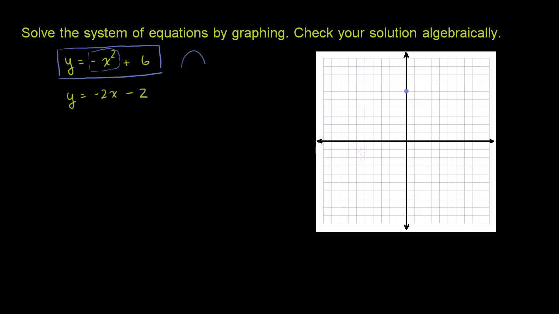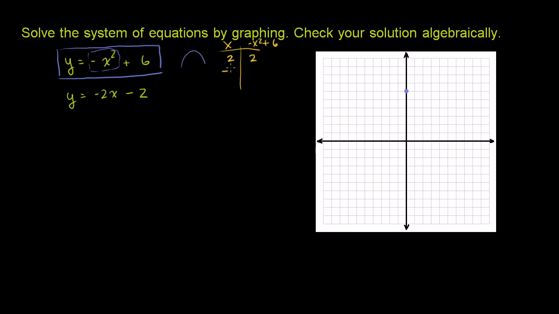And then if we want, we can graph a couple of other points just to see what happens. Let me just draw a little table here. So when x is equal to 2, what is y? Negative x squared plus 6. You have 2 squared, which is 4, but you have a negative, so it's negative 4 plus 6, which is equal to 2.